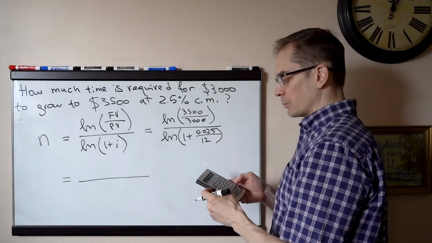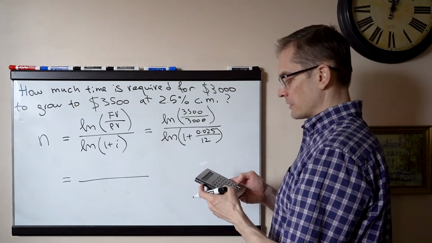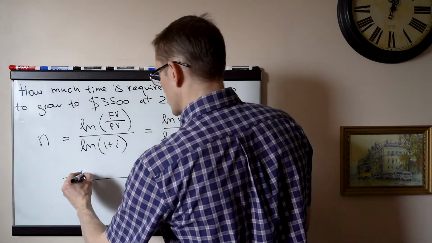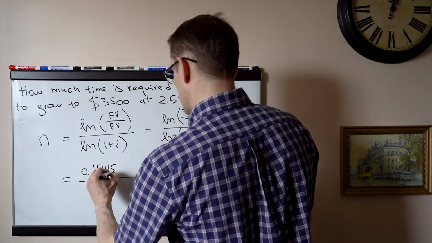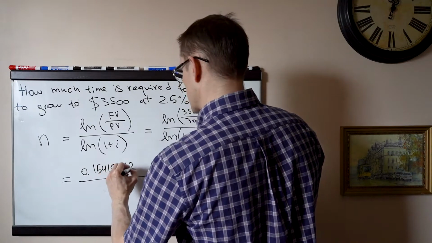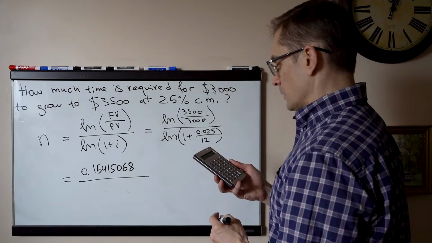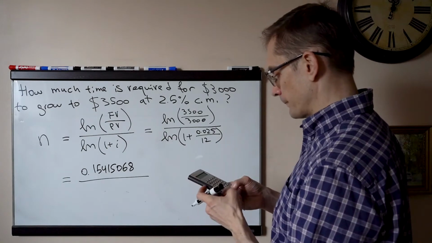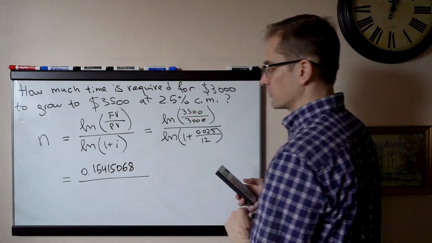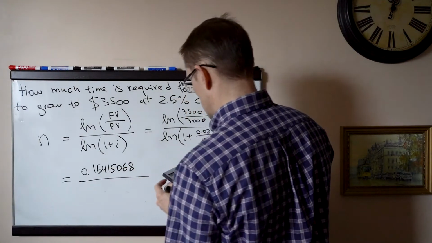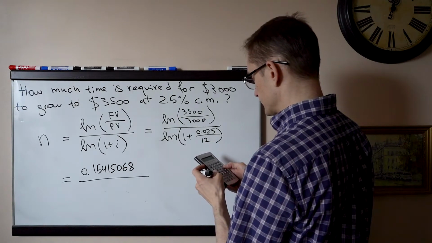So it's going to be 1.166666, and then I'll press LN on this calculator, and it will be 0.1541568. So I keep all decimals here. Then I'll keep it in the memory of this calculator, just to have it for future calculation.